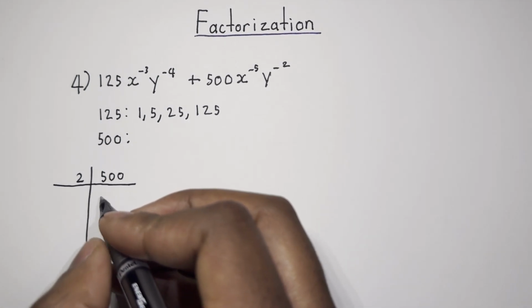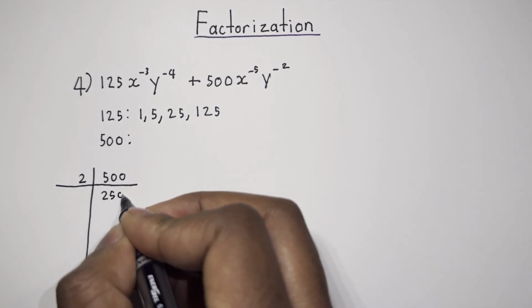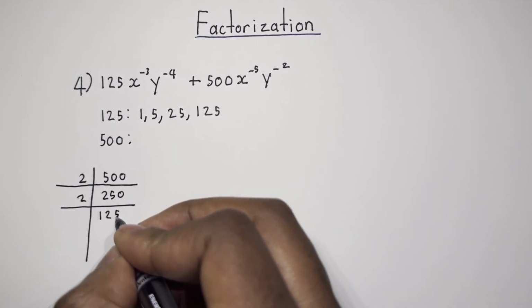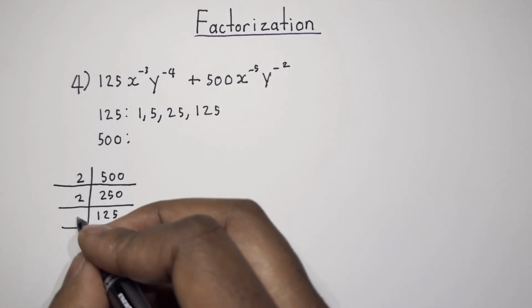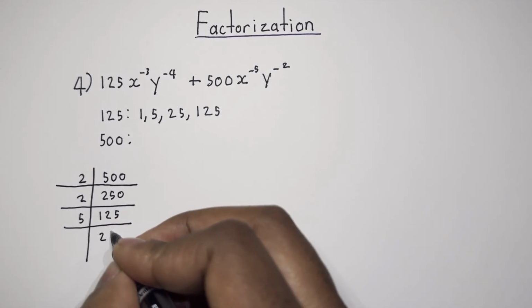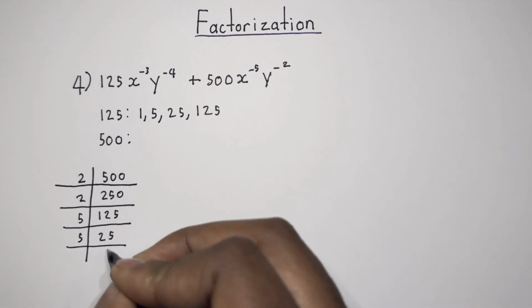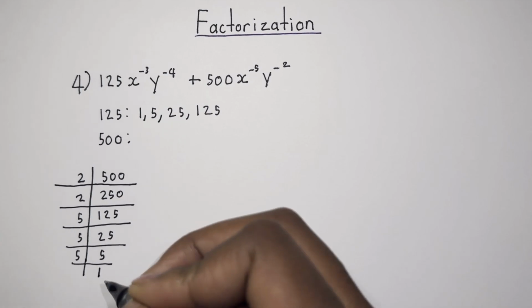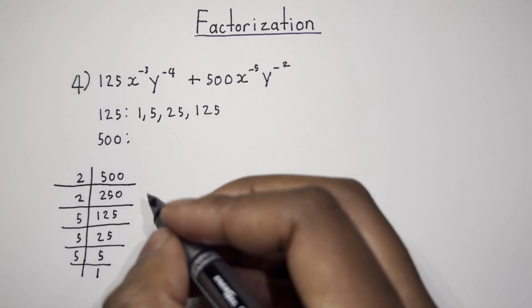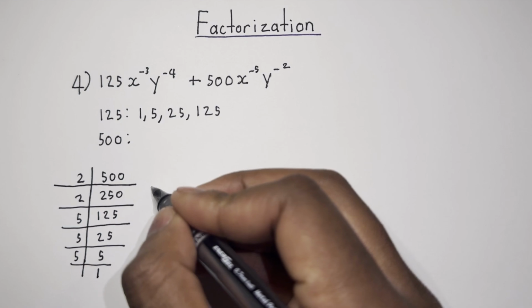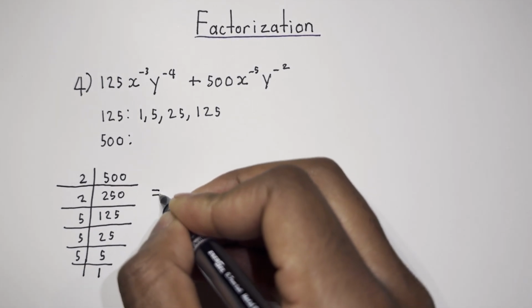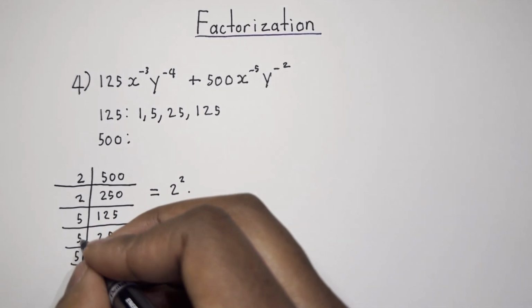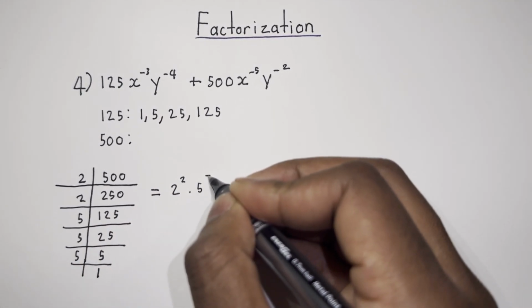So 2 into 500 gives us 250. So after carrying out our prime factorization, we're left with 2 squared times 5 cubed.